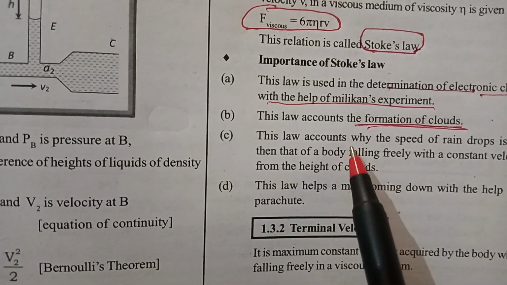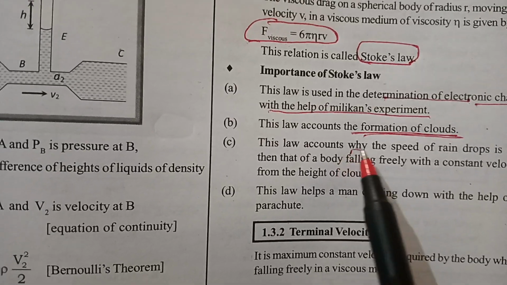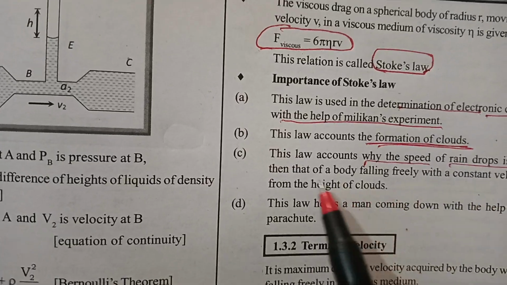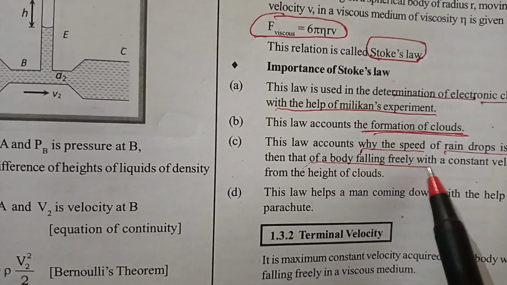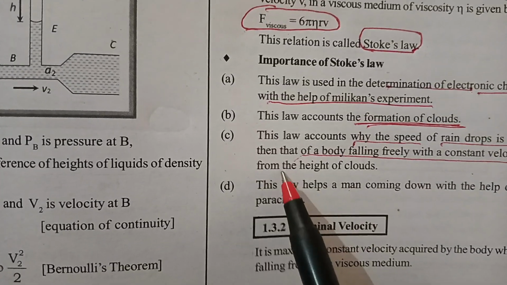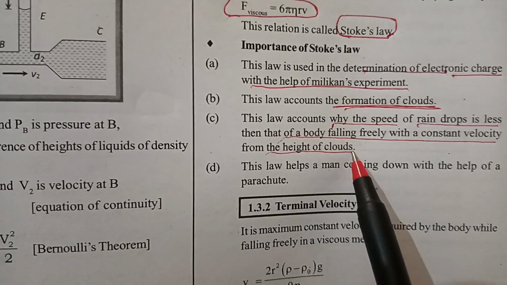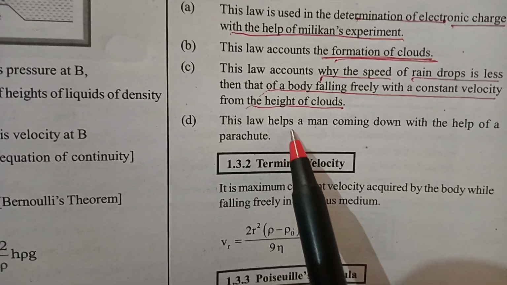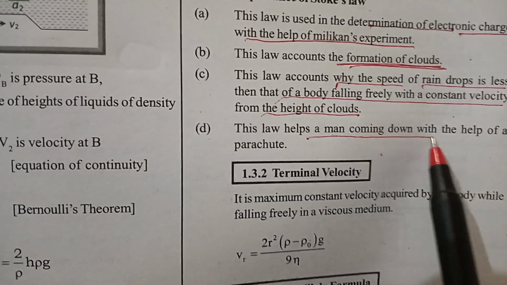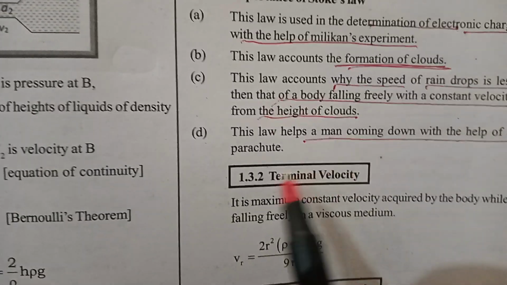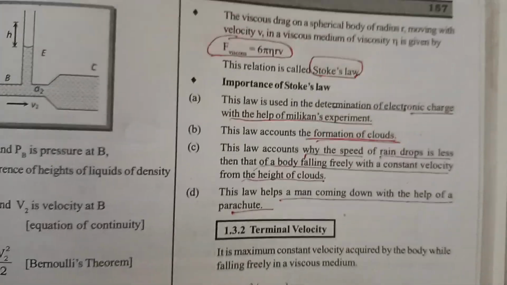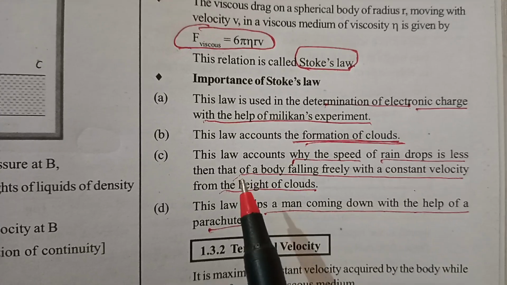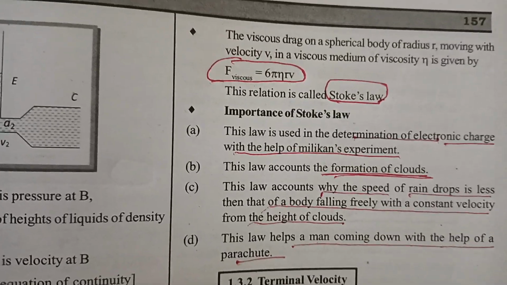Third, this law accounts why the speed of raindrops is less than a body falling freely with a constant velocity from the height of clouds. And last one is, this law helps a man coming down with the help of a parachute. So ये कुछ conditions हैं जिनमें ये law applicable होता है.